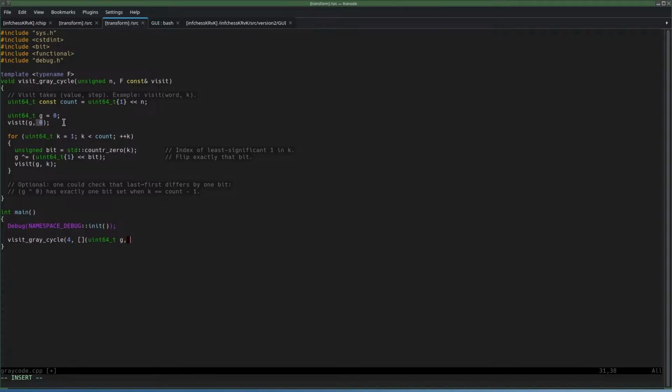Like two visits, every time. Oh, here it's passing gray. Guys, maybe it's just gray. Yeah, it's a step. Okay. Step. Oh, no, okay, now I'm getting it.